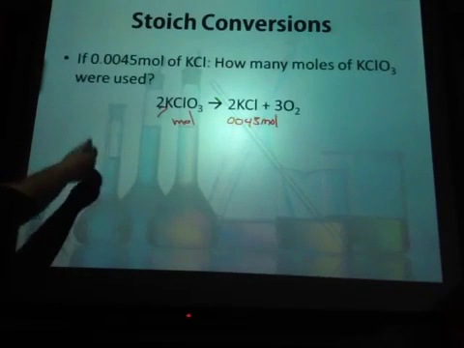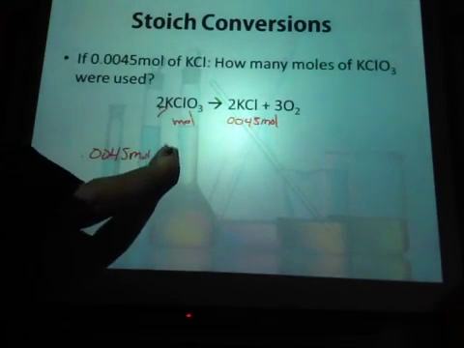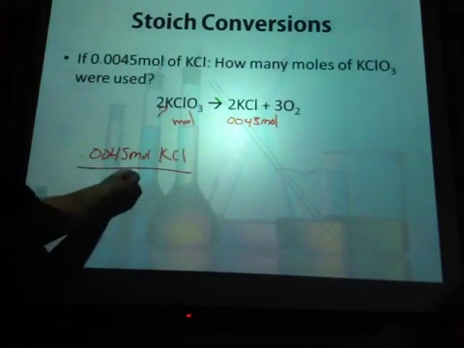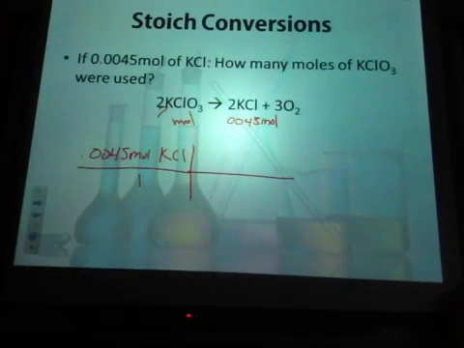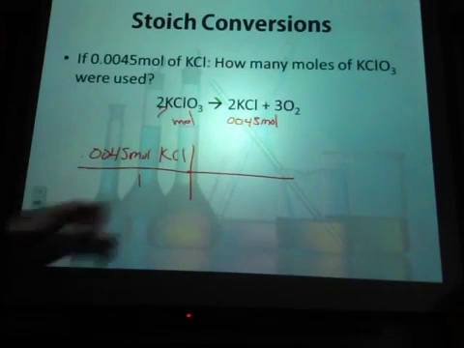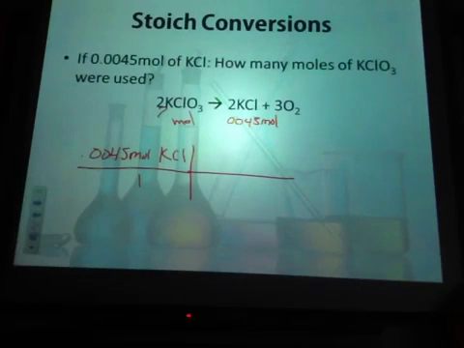Okay, so always start with what you're given, 0.0045 moles of KCl. So I have to use my coefficients, but I don't know which one to plug in yet. So what unit should go on bottom in the next step? KCl.